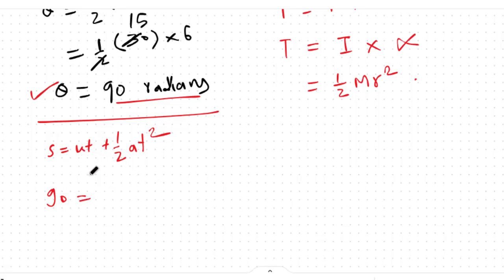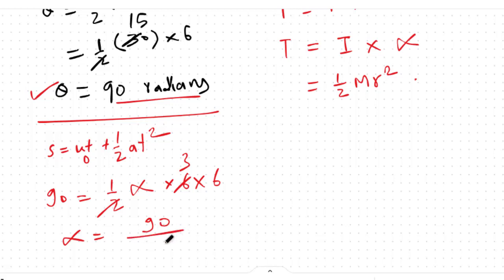We have to consider the initial angular velocity, which is 0, so this term will be 0, plus 1/2 alpha t square, where a is alpha because we are considering angular motion, so it is angular acceleration, and t is the time, which is 6 seconds. So we can put 6 into 6, and alpha is going to be 90 divided by 18. So 90 divided by 18 is the value of alpha.